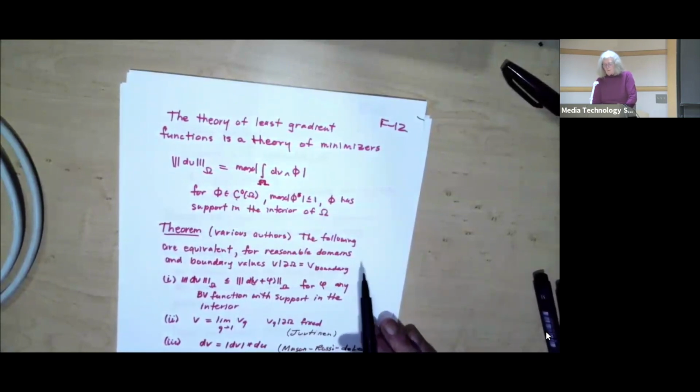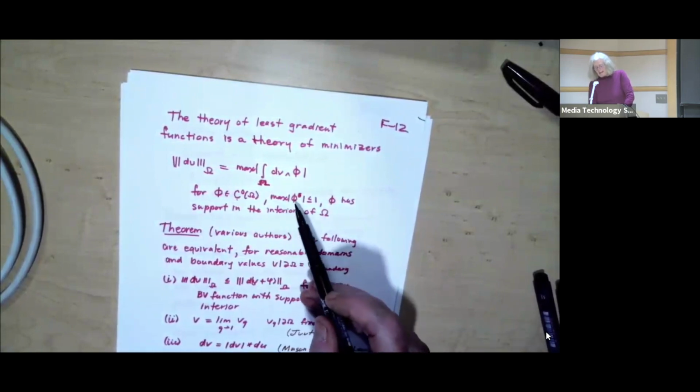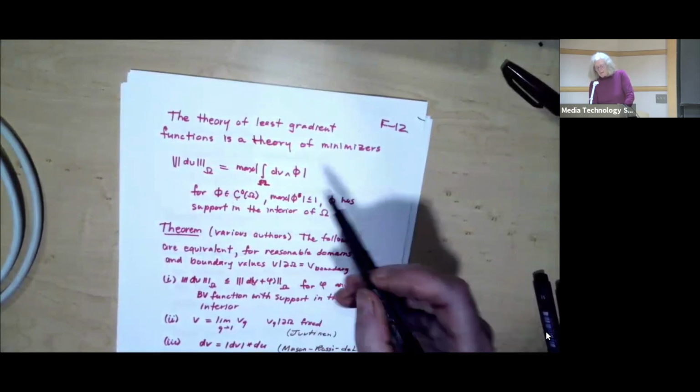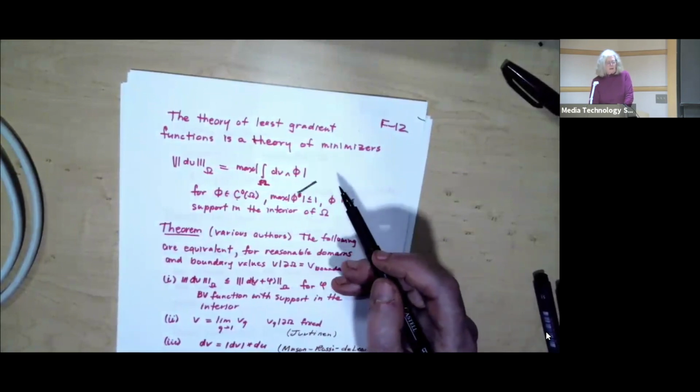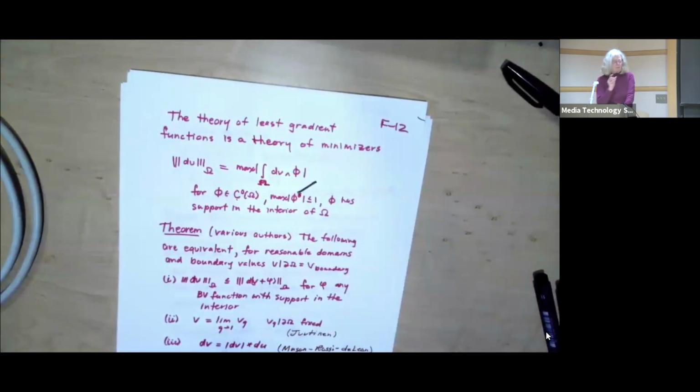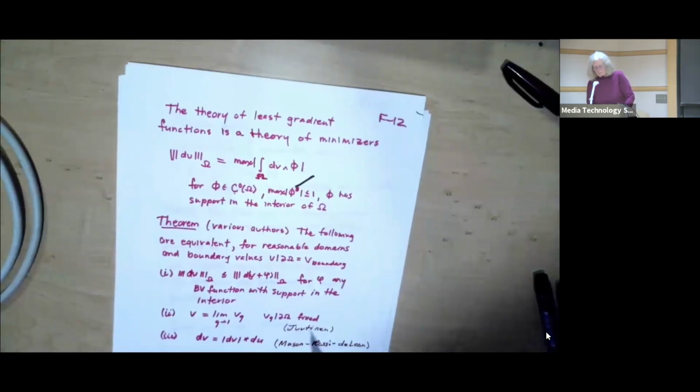So that's a requirement of continuity. And the max is less than or equal to 1. This is the max in the metric you're working with, right? So here's where the metric that you're working in actually appears in the definition of least gradient.